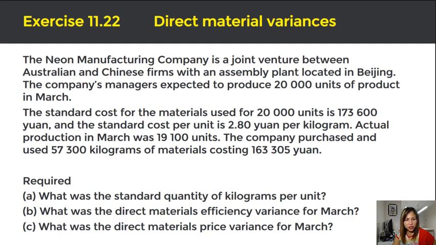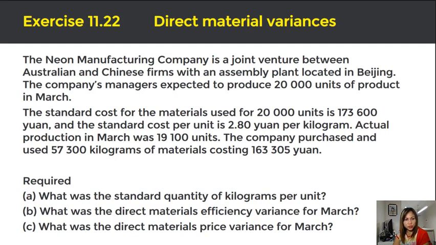The standard cost for the materials used for 20,000 units is 173,600 yuan, and the standard cost per unit is 2.8 yuan per kilogram. Actual production in March was 19,100 units. The company purchased and used 57,300 kilograms of materials costing in total 163,305 yuan.